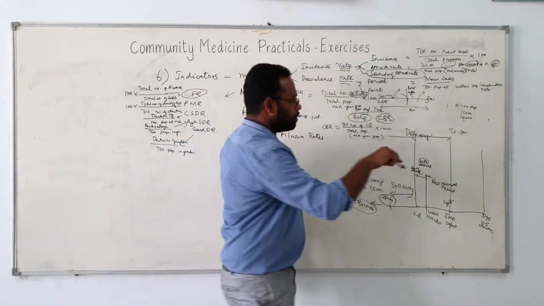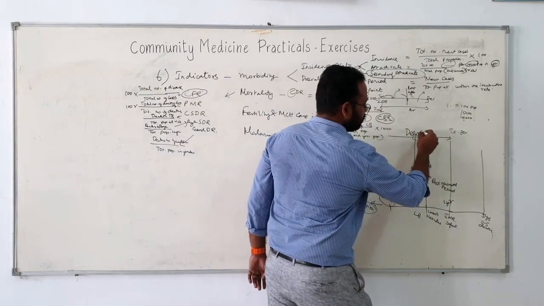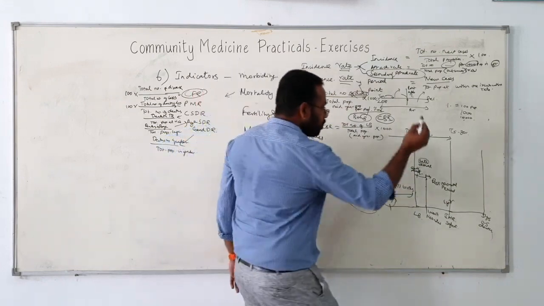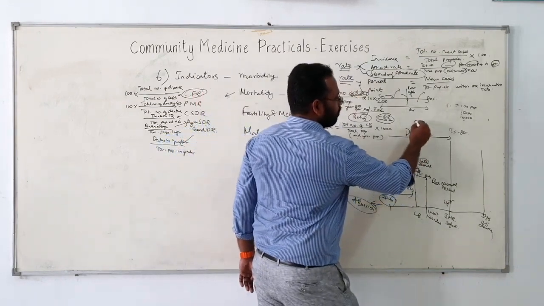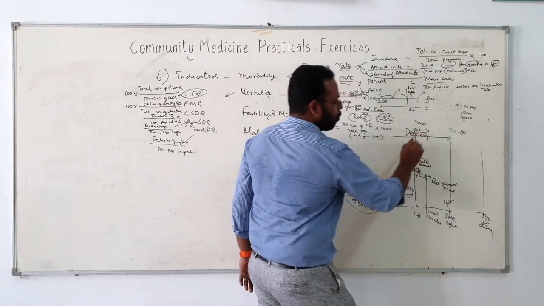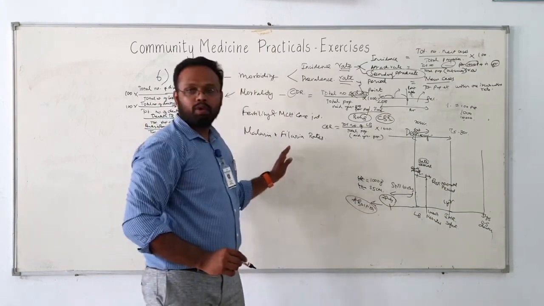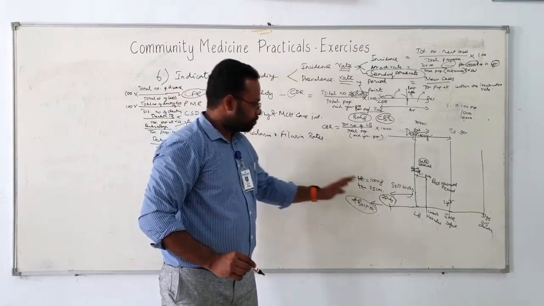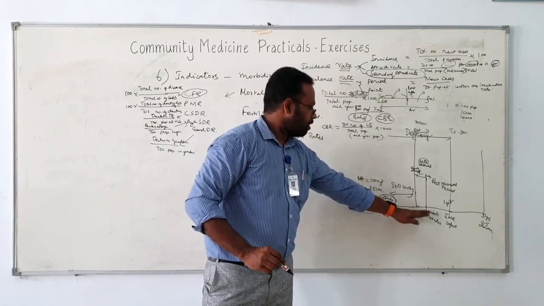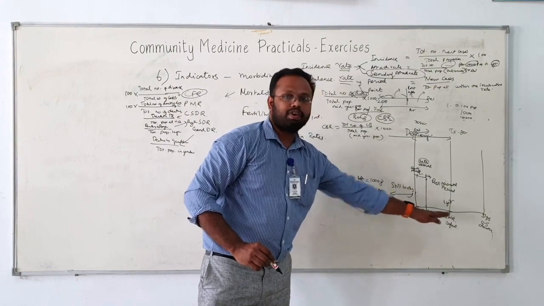Of infant deaths, 75 to 80% will happen within 1 month of life. And of the neonatal deaths, 75 to 80% will happen within 1 week. So you have to understand when to say the child is a neonate, infant, or under 5.